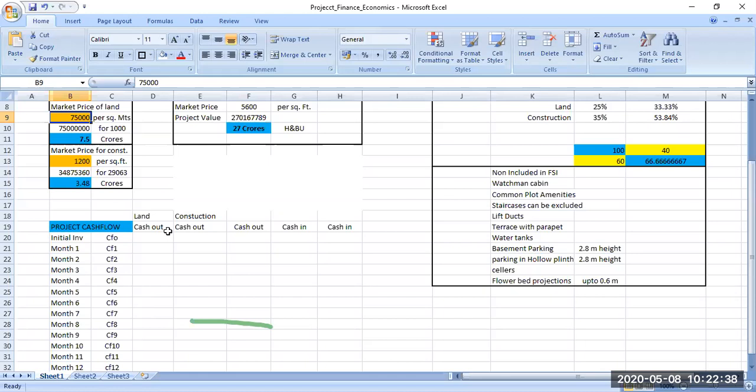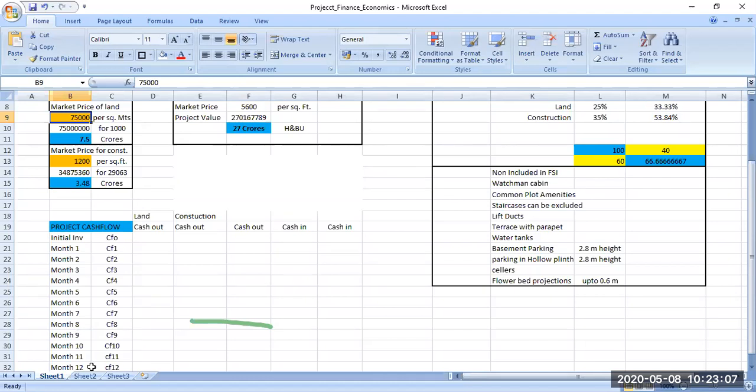But after RERA, before you register the project for RERA, the entire money for the land has to be paid up. So technically your project would start after you acquired the land, and the project cash flow could be longer in this case.